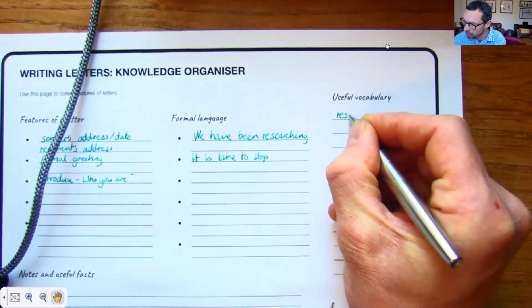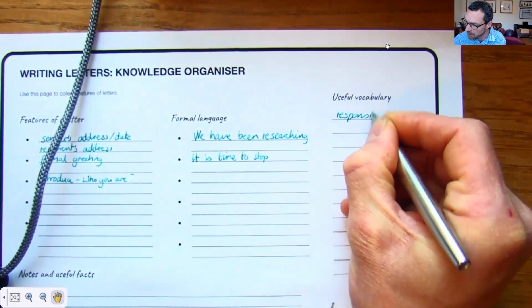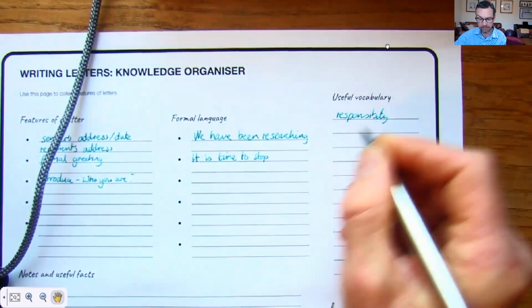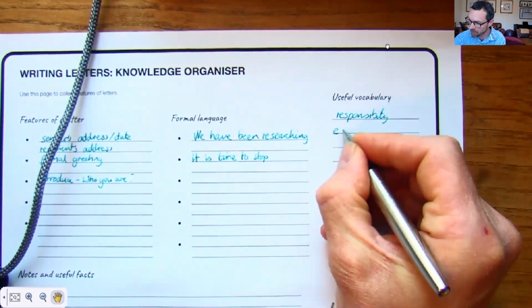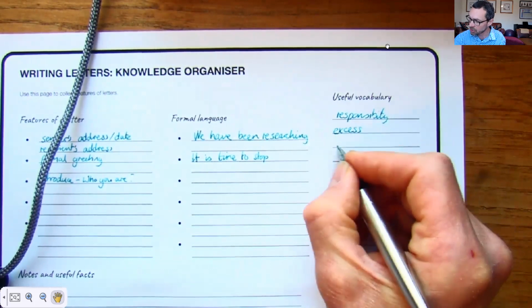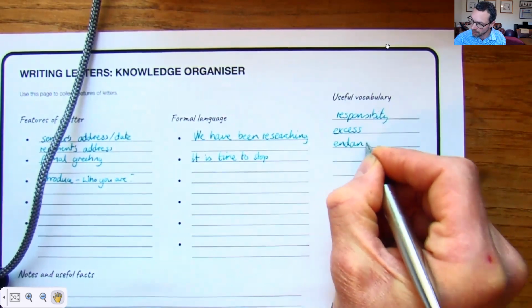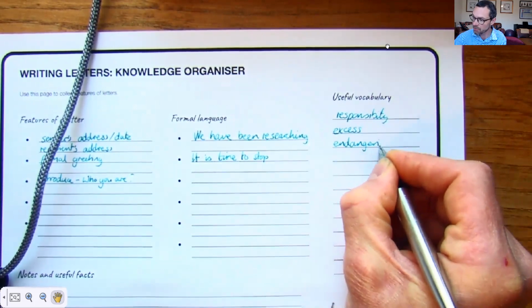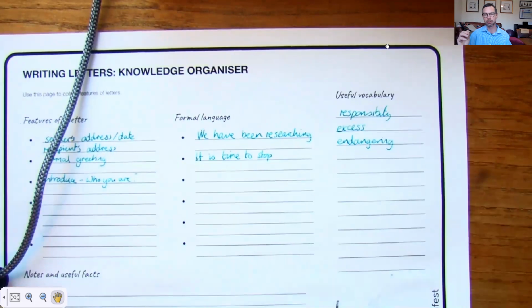So I've got responsibility. What else? Excess is a good word. I might want to use that one. Endangering. So these are all really good words, very persuasive words that we might want to use within our own letters.